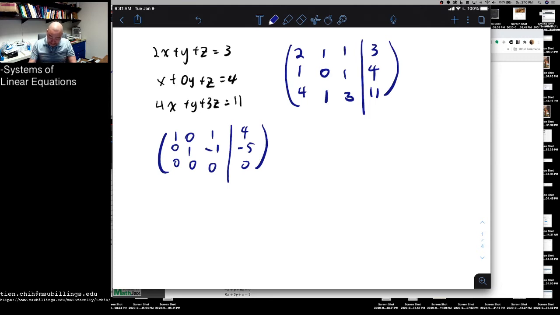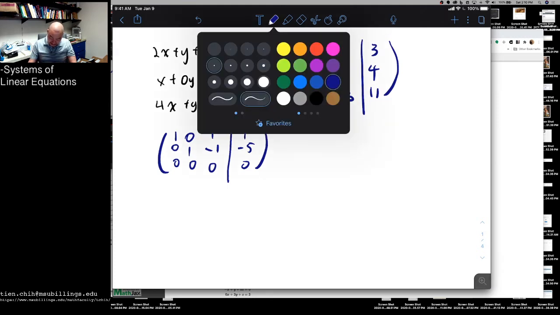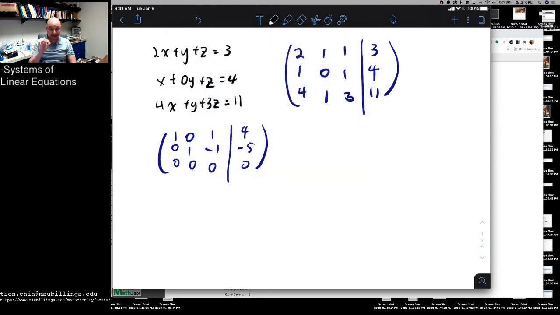If I rewrite these now as a system of equations, what I have is that x plus z is equal to 4, and y minus z is equal to negative 5.